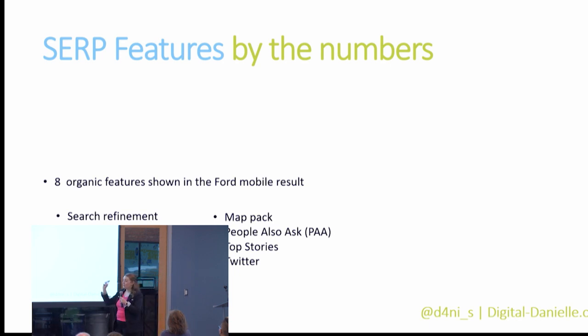Top stories, that's our news carousel, way better, prettier than those blue links within the news stories that we saw in the very first search. And then Twitter. People use Twitter still. I have my Twitter profile here, right? Don't really get on it though, but feel free to tag me if you find something insightful. So Twitter, maybe you're thinking about leaving it for your brand, or if you already have.